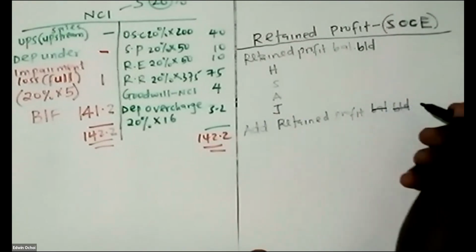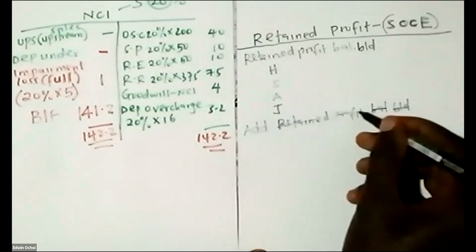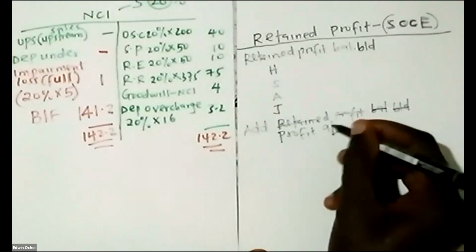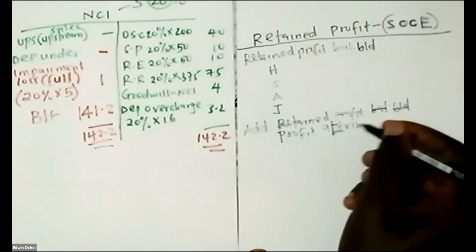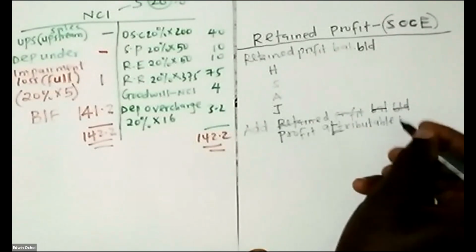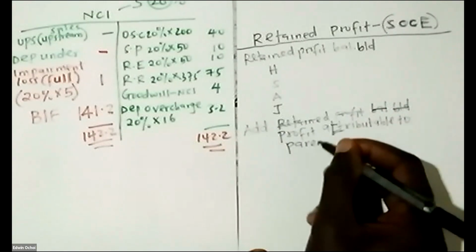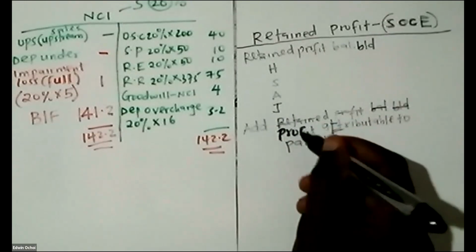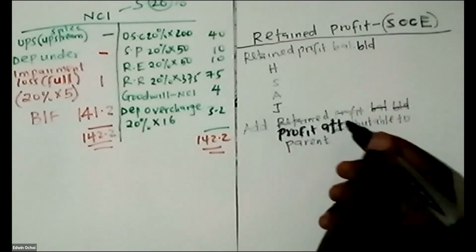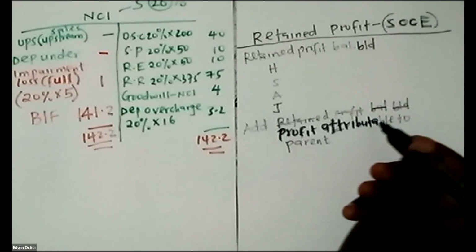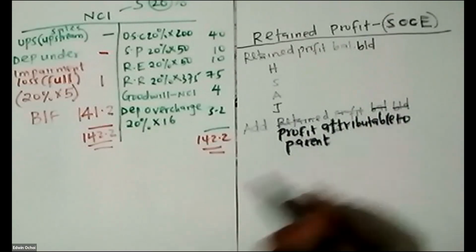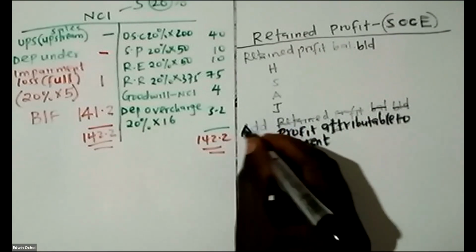So you add profit attributable to parent. So profit attributable to parent, this is when it's added.